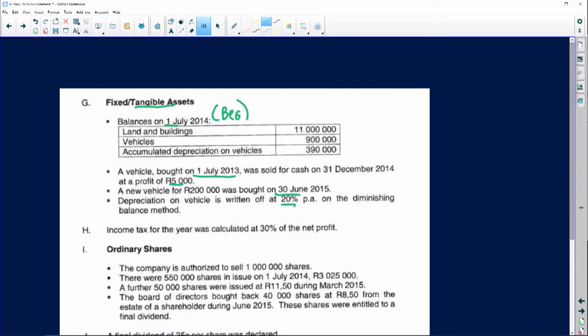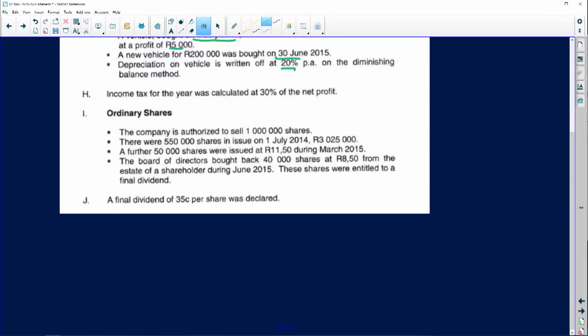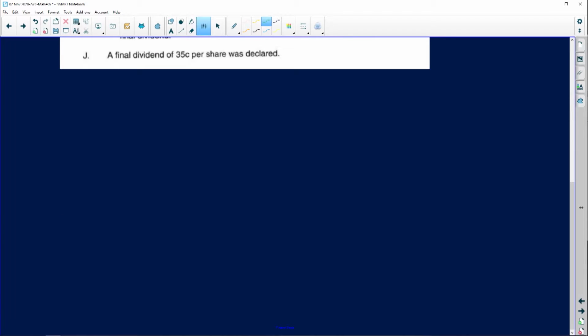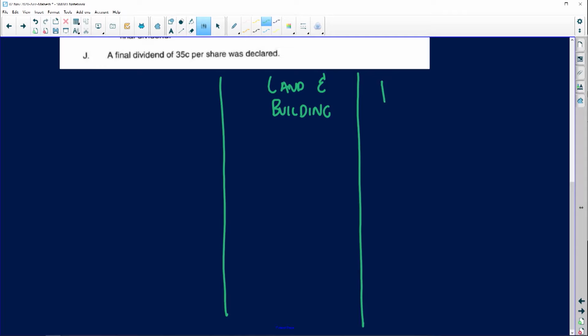because of time constraints, we had to complete the tangible asset note. Right, now looking at the tangible asset note itself, let's quickly try and draw up a tangible asset note. I know that we're going to run out of time, but guys, we'll focus on what we can do. So obviously we've got land and buildings, and then we've also got vehicles.